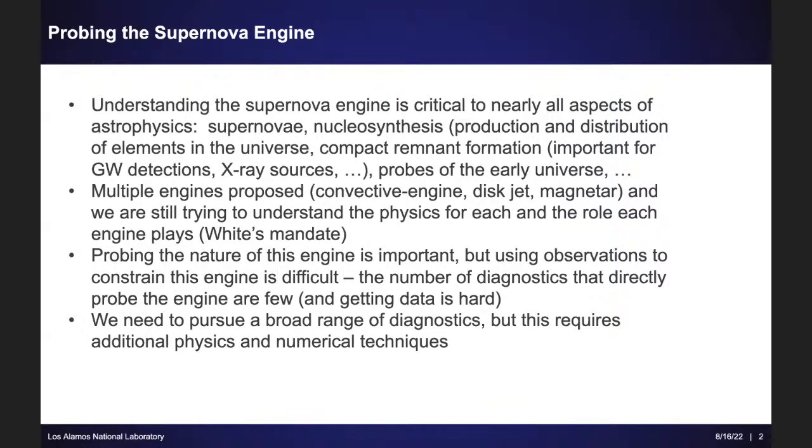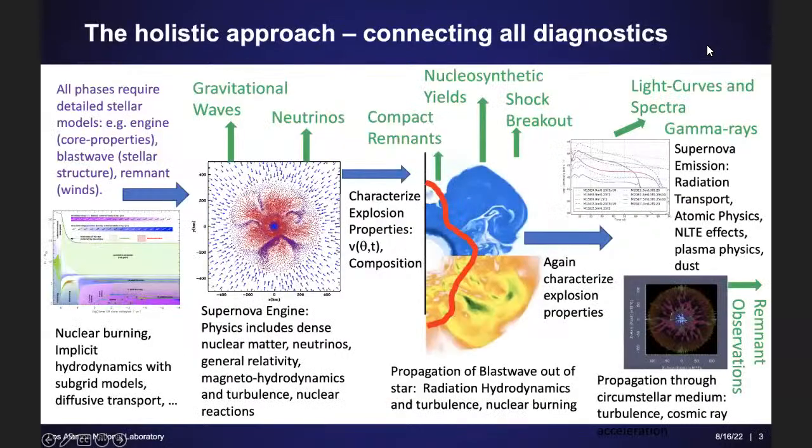We have to add other calculations on top to get to those diagnostics. And so let me give you a picture of the broad vision I have when I think of all the diagnostics for this to try to probe what's going on in this engine.